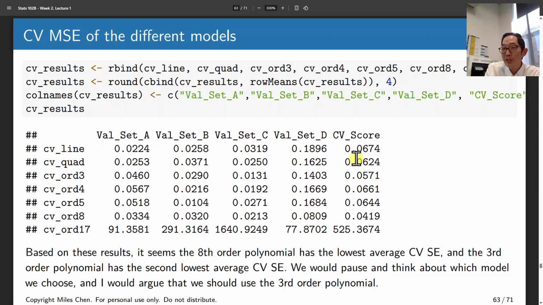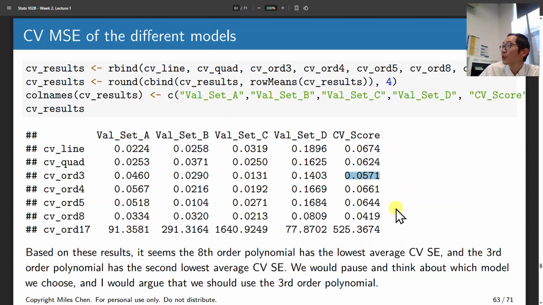And so anyway, you look at these cross-validation scores, and you get 0.0674, 0.0624, 0.0571, and so on and so forth. And the lowest one is the 8th order polynomial with 0.0419. Okay, so based on these results, it seems like the 8th order polynomial has the lowest cross-validation squared error. And the 3rd order polynomial, this one, has the second lowest.